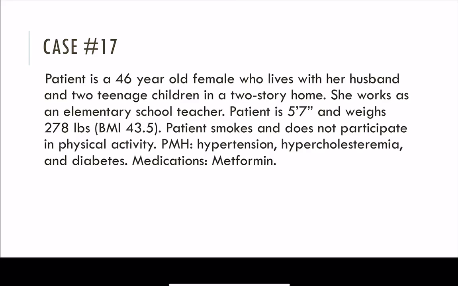As you're reading through these cases, when you're doing your chart review, when you're doing your subjective history, you should be keeping a running checklist of your cardiovascular risk factors. If we go through this case: age, okay, sex, fine, height and weight, BMI of 43.5. This patient is obese, which is our first risk factor.